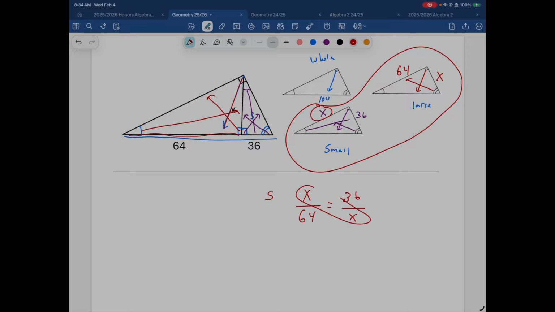Cross multiply, x times x is x squared. 64 times 36 is 2,304. Take the square root of both sides, and we get x is equal to 48. There's our solution.